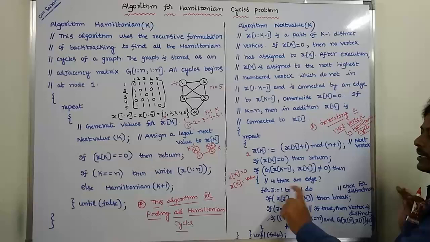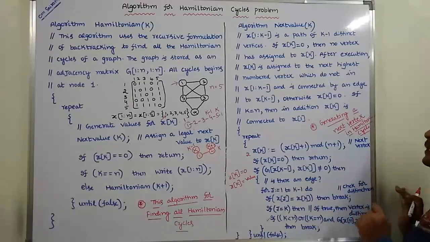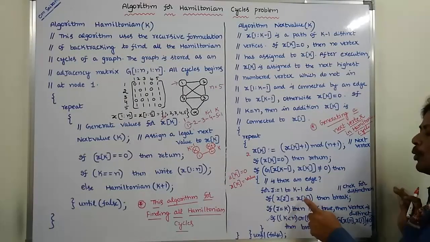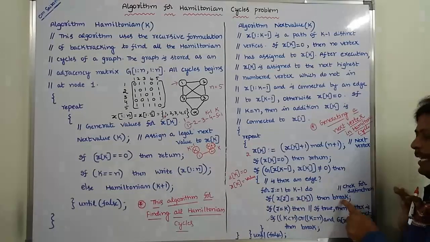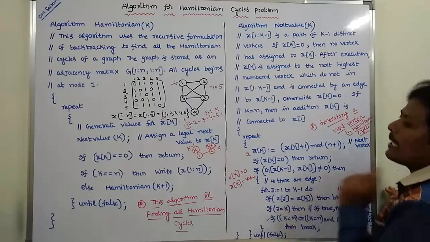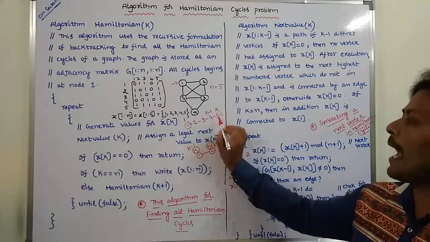Whenever this condition is true, the control is transferred outside of the entire loop. If there are no duplications, this condition fails. Now go to the next statement. If j is equal to k. Now the k value is 5 and the j value is 5.